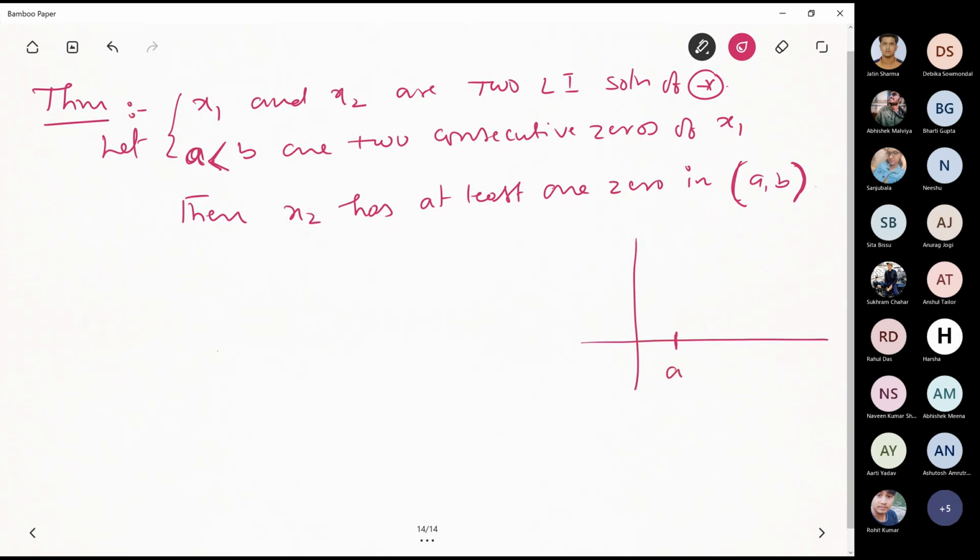That means this is the point a and this is b, and these are the two consecutive zeros of x1. Let me assume that x1 is positive. Then there will be at least one zero of x2 within this.